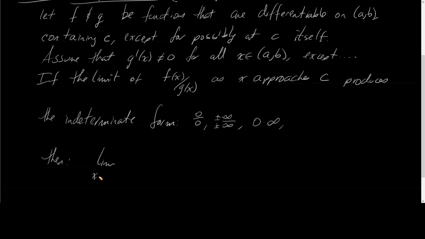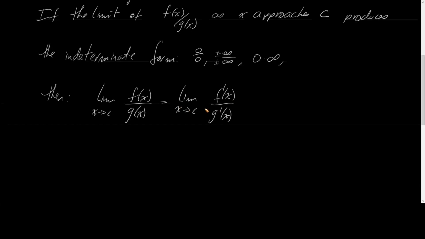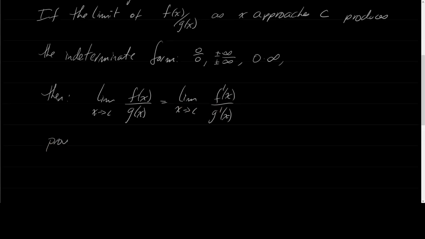We have the limit as x approaches c of f of x over g of x. What we can do is take the limit as x approaches c of f prime of x over g prime of x, provided that limit exists. Alright, so I'll put that there.